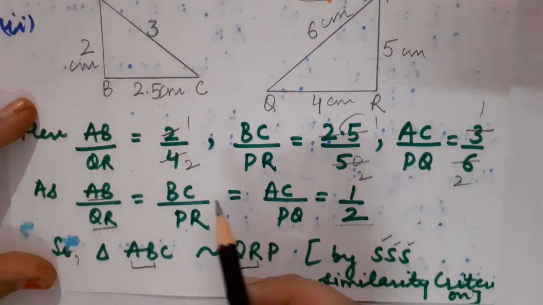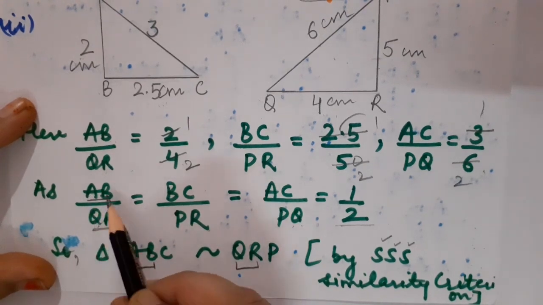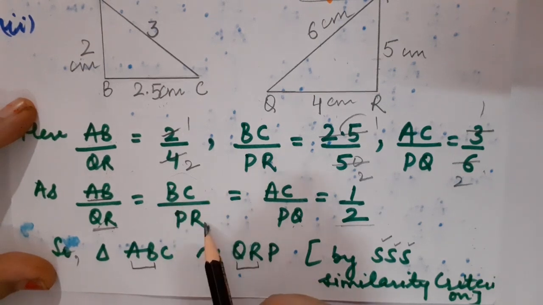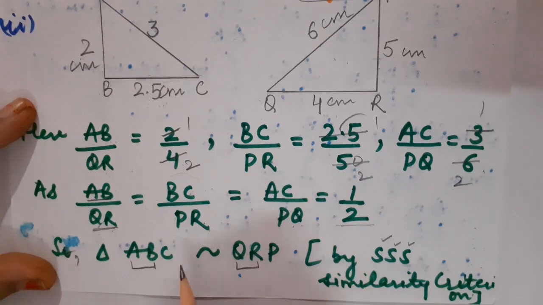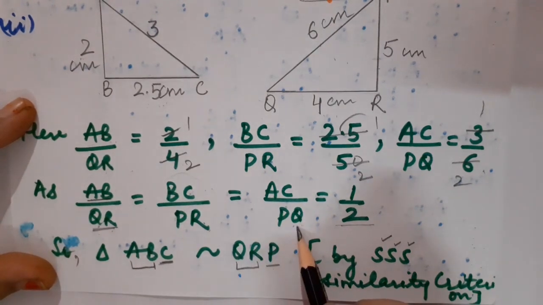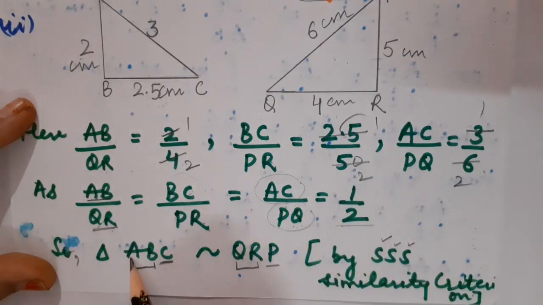Let us talk about the second relation. If A is fixed for Q, for example, and B is fixed for R, so look in this relation, B is fixed for R, definitely C will be having which angle now? Angle P. So here write down C and here write down P. Now whatever symbolic form you have written, you have to just verify it in the third relation also. Look, this is AC with PQ. Here I have written AC.